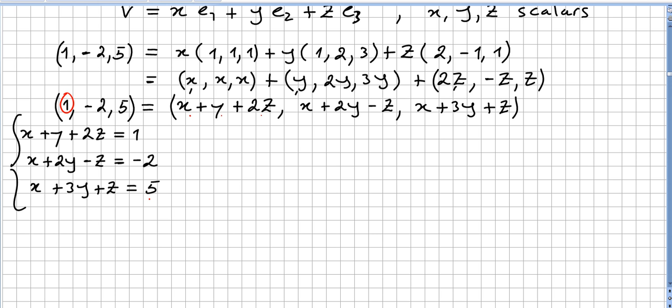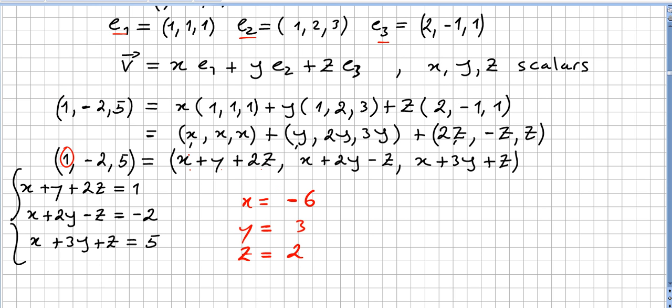Now you can solve this system. The system is really easy to solve. You can take a matrix or do some Gaussian elimination or something like that, and we will get x being -6, y being 3, and z being 2. So x will be -6, y will be 3, and z will be 2.